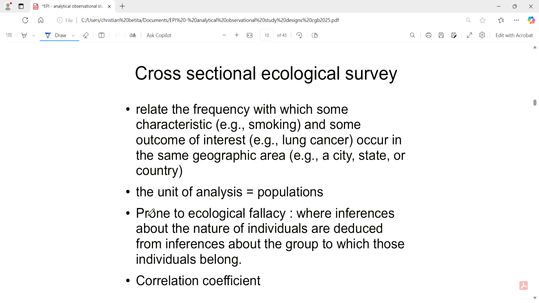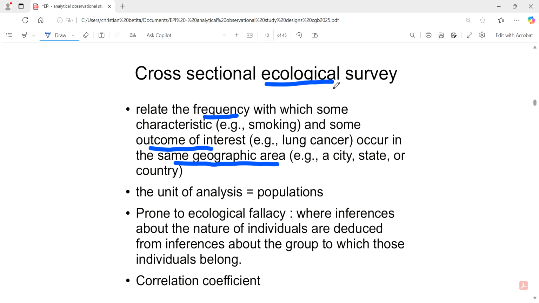So cross-sectional ecological surveys, this is another type of research study design. They relate the frequency with which some characteristic and some outcome occur in the same geographical area. Okay, so basically when we refer to the same geographical area, these are a particular population.